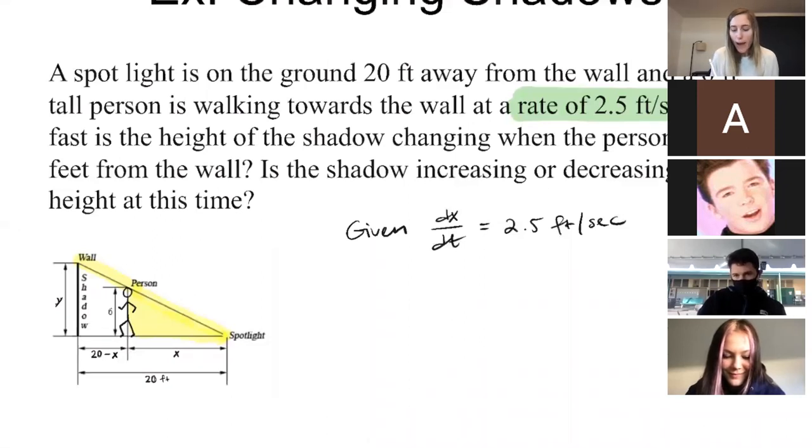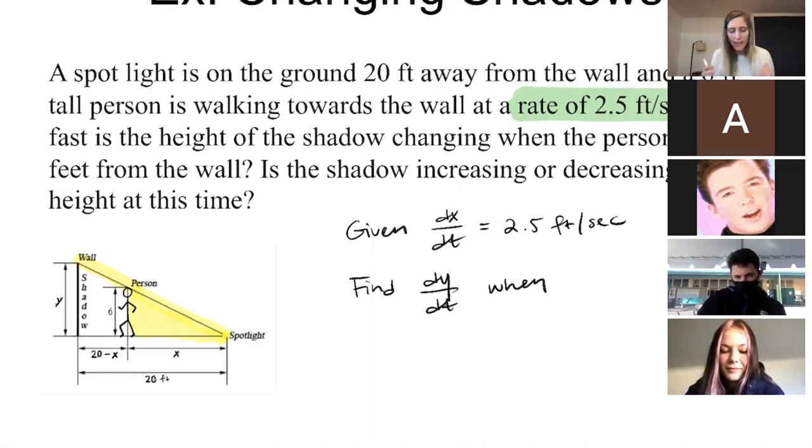We want to find how fast the height of the shadow is changing when the person is 8 feet from the wall. So we want to find how fast y is changing with respect to time. So that's dy over dt, when the distance between the person and the wall is equal to 8 feet.